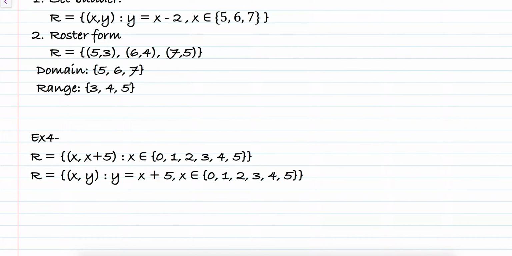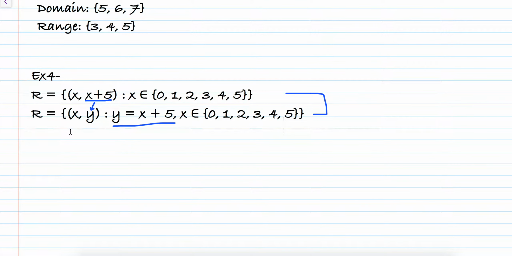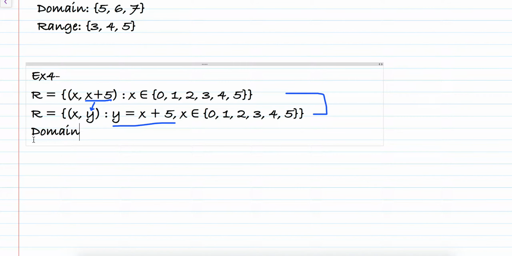This we are denoting as y. So we are defining one extra condition, y is equal to x plus 5. So these are both same things. So this we are given, and we have to find domain and range.